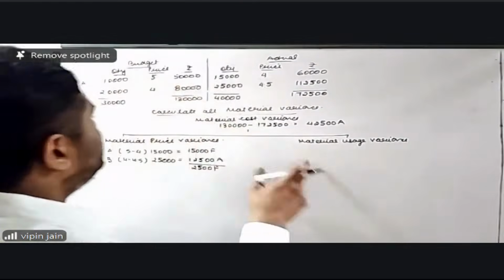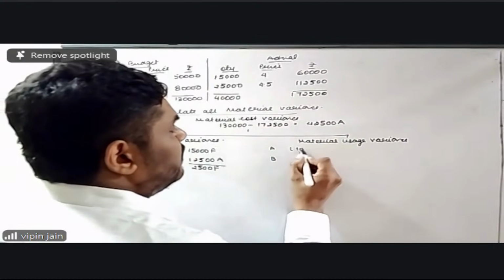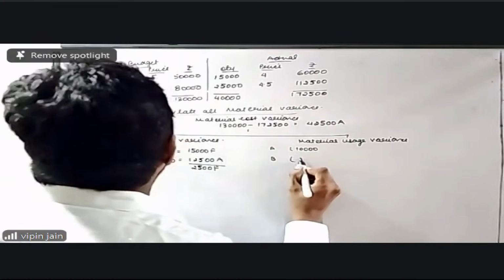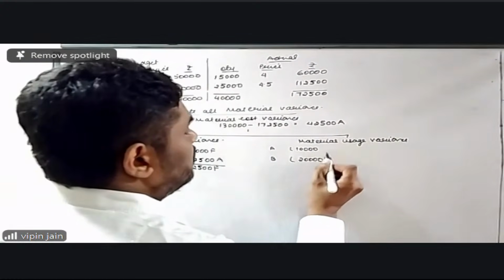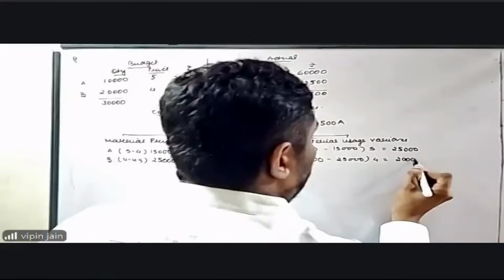So very simple, when talking about usage for A and B, 10,000 and 20,000 and 15,000 and 25,000.